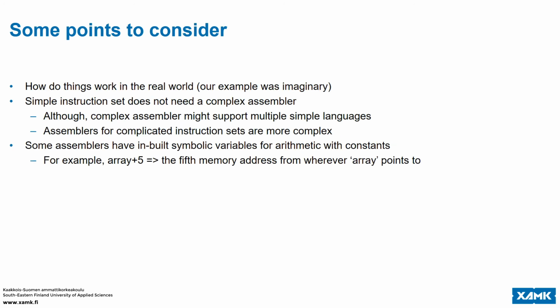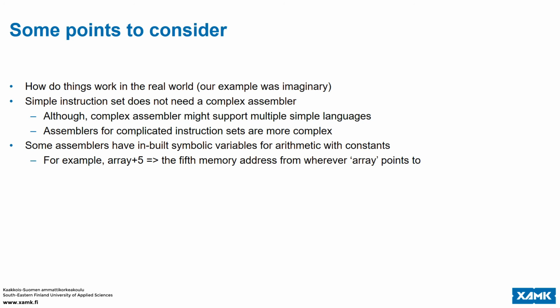In the real world, however, using real modern computers, there are some points to consider about how things work. Our example was just imaginary. First of all, simple instruction sets do not need a complex assembler program, although complex assemblers might support multiple simple languages, and assemblers for complicated instruction sets are always more complicated.